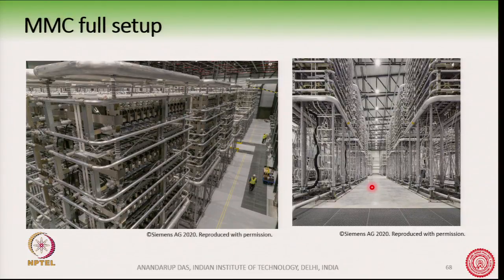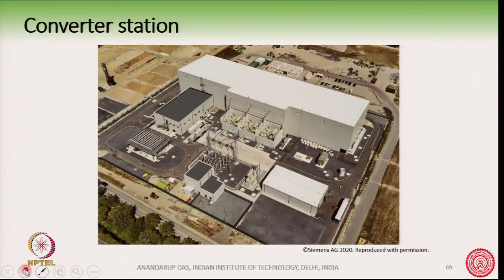So, this is one picture of the converter inside the converter station, and this is the picture of the full converter station from the outside. The size of this place can be understood by observing the size of the cars here.